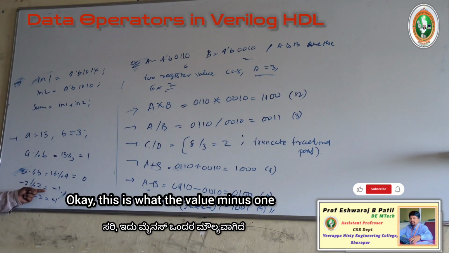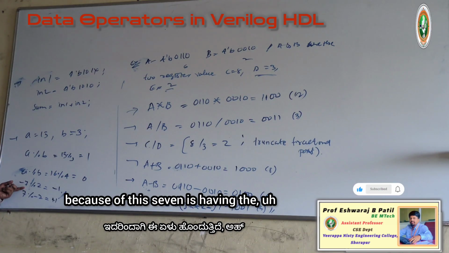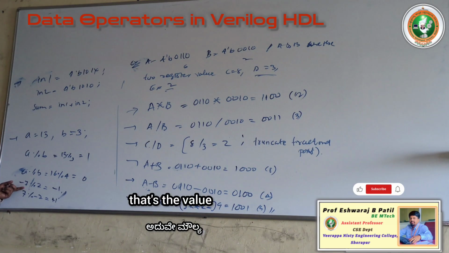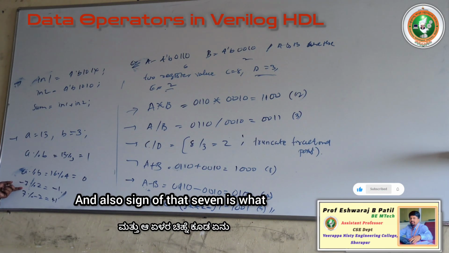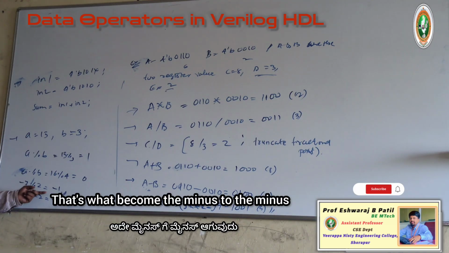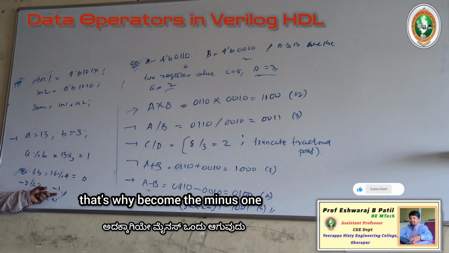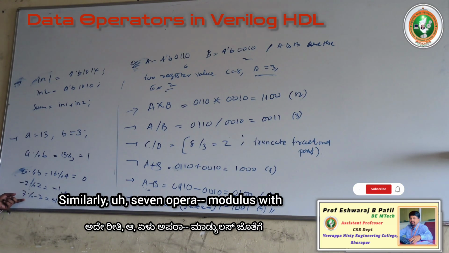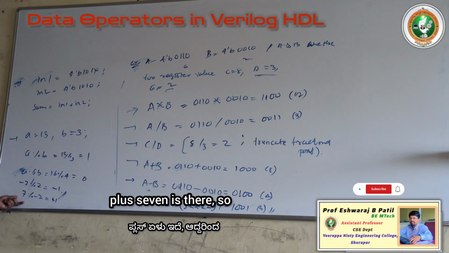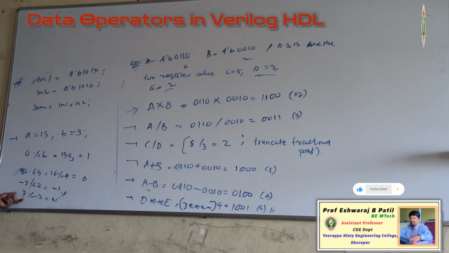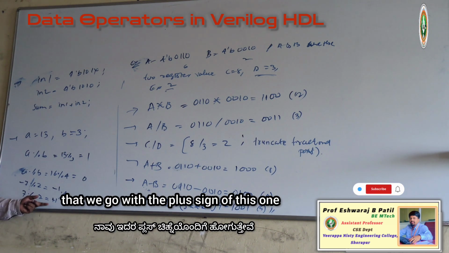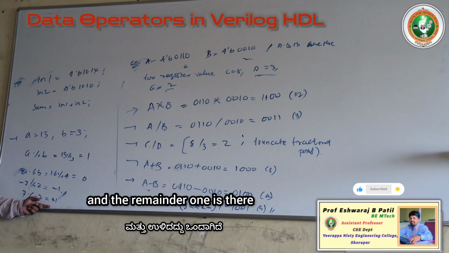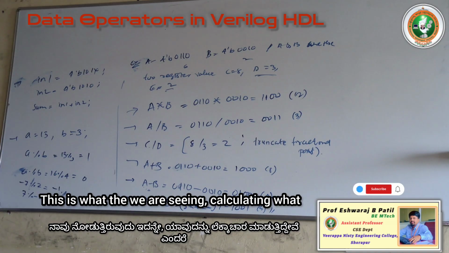Okay, for the value -1, because 7 is the highest operand, and the sign of that 7 is -1. So similarly, 7 modulus -2 takes the sign of the highest value operand, +7 is there. So we go with the plus sign, and the remainder 1 is there. This is what we have to calculate for the modulus.